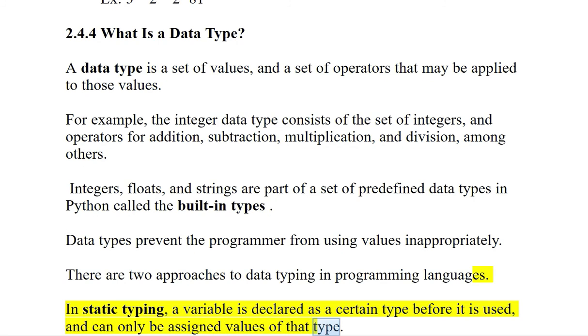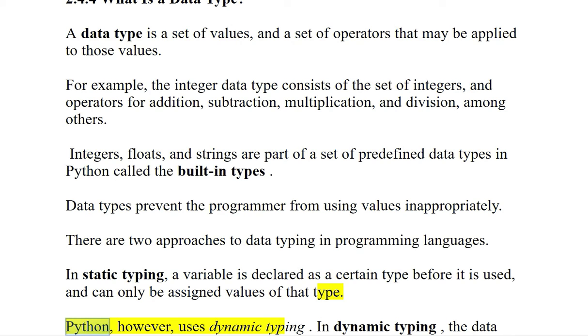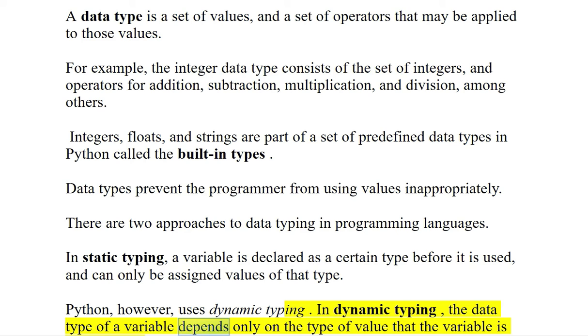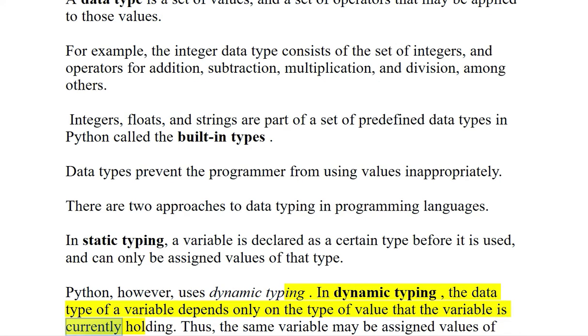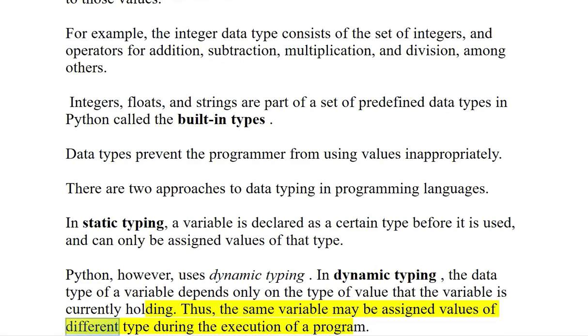Python, however, uses dynamic typing. In dynamic typing, the data type of a variable depends only on the type of value that the variable is currently holding. Thus, the same variable may be assigned values of different type during the execution of a program.